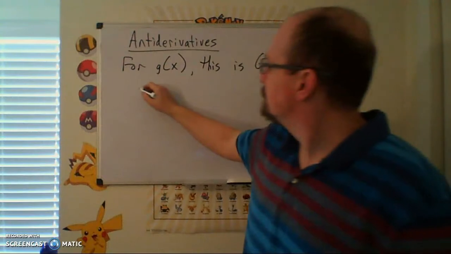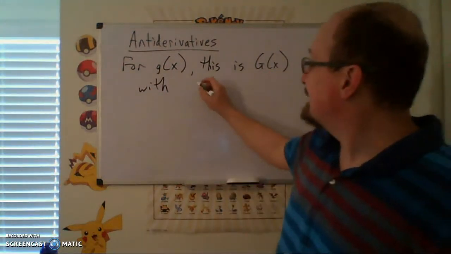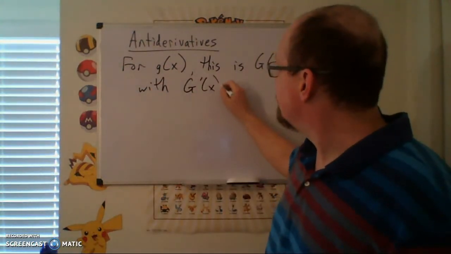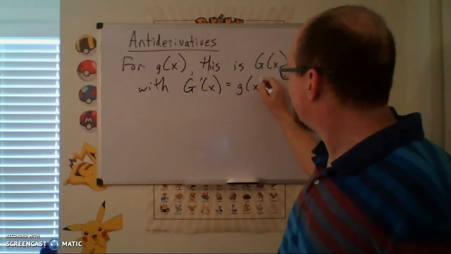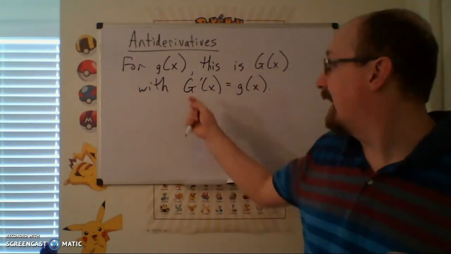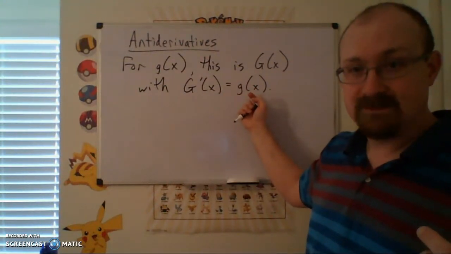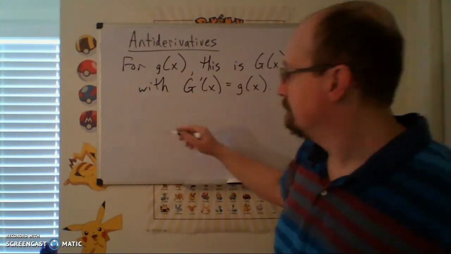So we need some other function, and its derivative, big G, needs to drop us back at our target point. We want big G prime of x to equal little g of x. Make sense? Awesome.